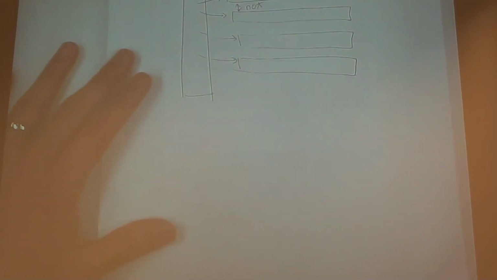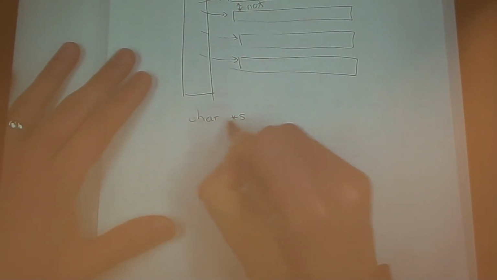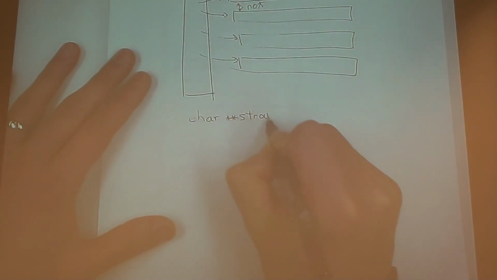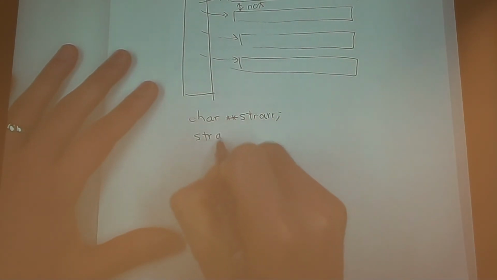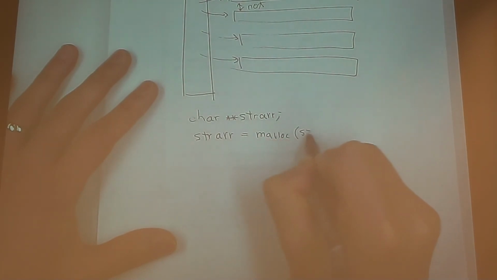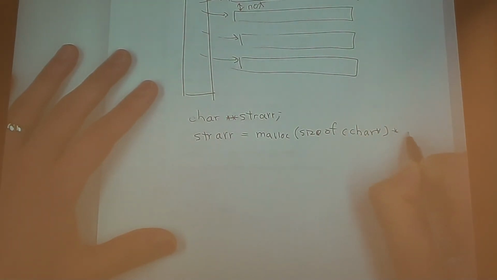So what you're going to do is create a string array, and then you say string array equals malloc, size of how many you have.